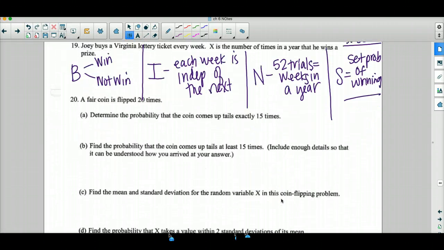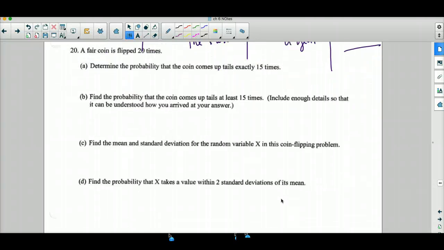Okay, this is the last question? No. Oh, Lord. A fair coin is flipped 20 times. Determine the probability that the coin comes up with tails exactly 15 times. Is that PDF or CDF? Binom PDF.